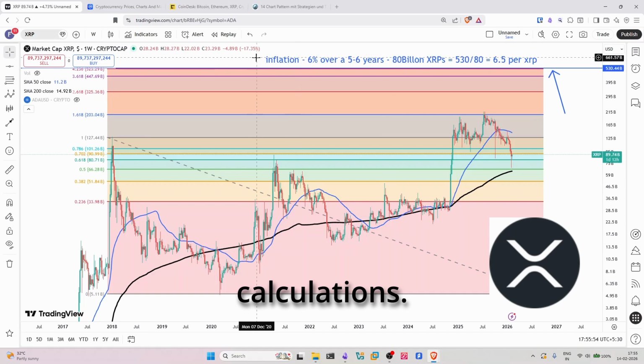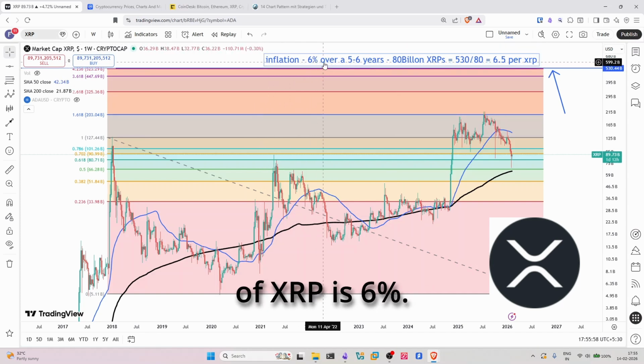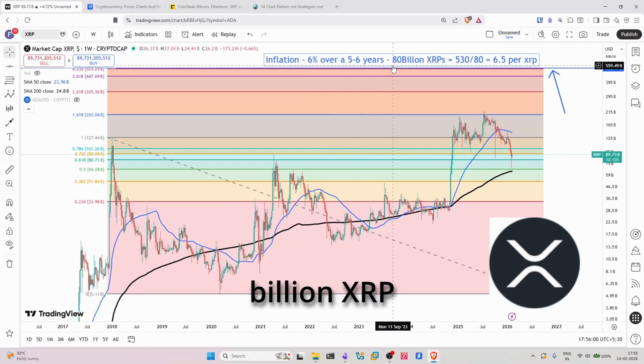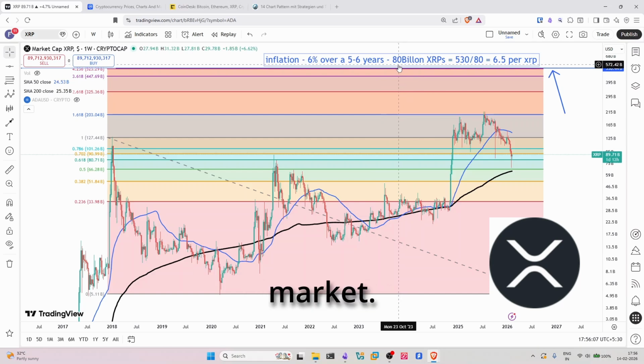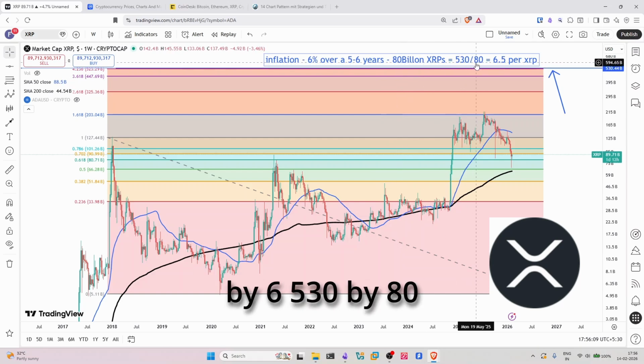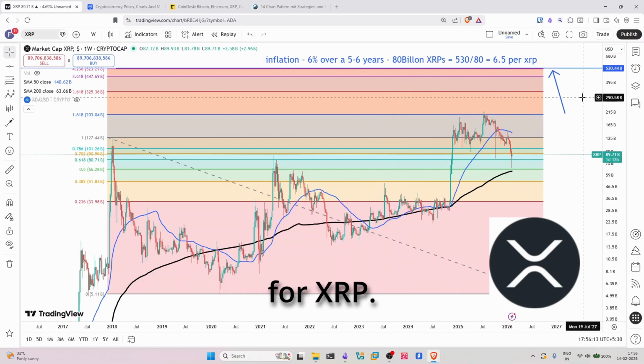But I have done some calculations. For example, the inflation rate of XRP is 6%. Over 5 to 6 years, 60 billion XRPs will get converted to 80 billion XRPs, which will be the free float in the market. So if we do 530 by 80, it's around 6.5 per XRP.